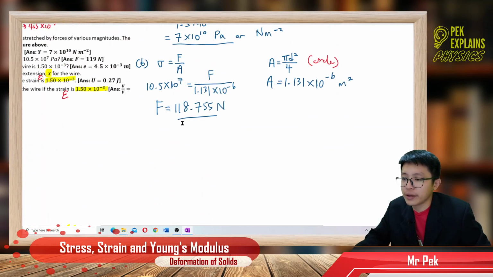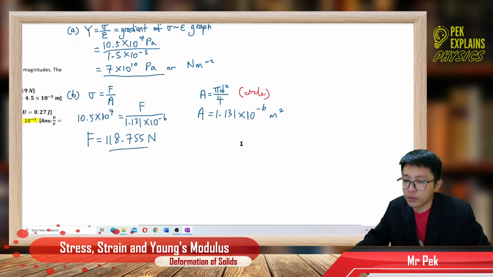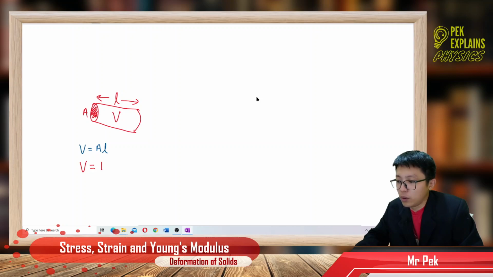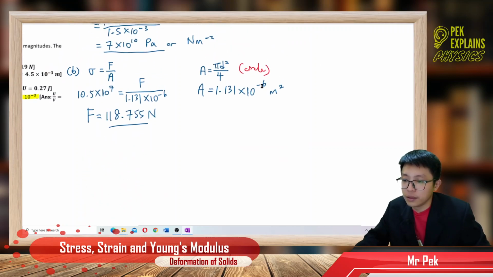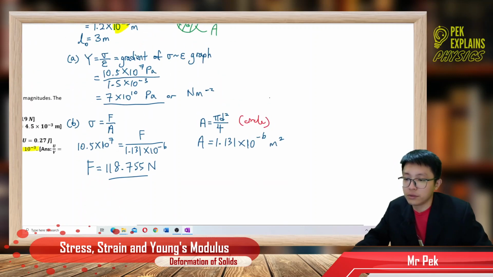What's the area I got just now? Pi d squared over 4 is 1.131 exponent negative 6 meter square, which is already in SI unit.